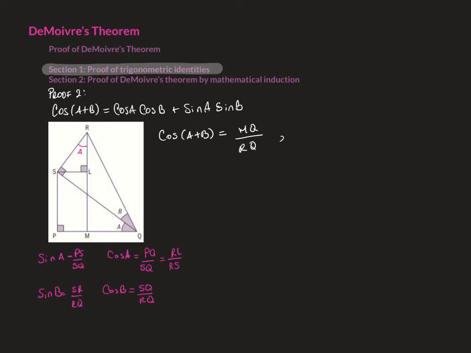We know that MQ can be expressed as PQ minus PM. So we substitute and we get PQ minus PM over RQ. And we can again distribute RQ to get PQ over RQ minus PM over RQ.